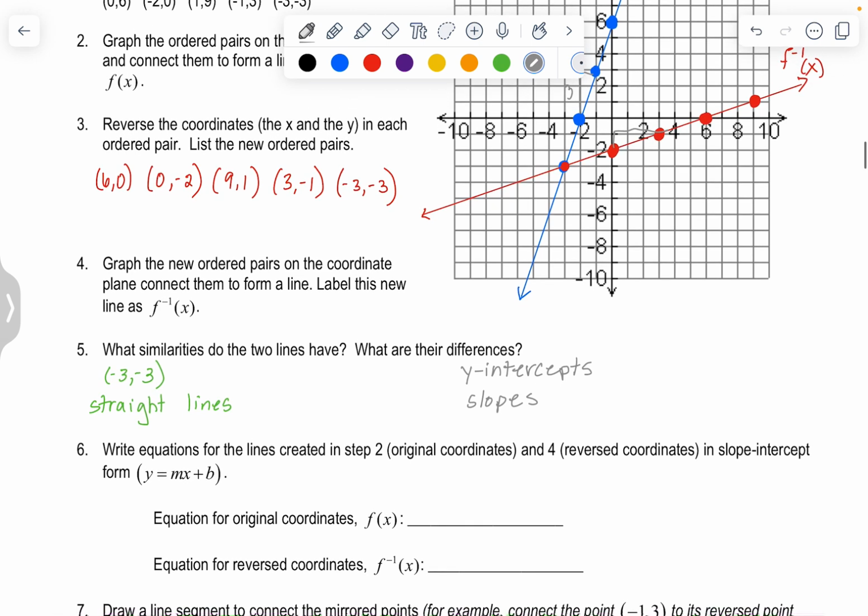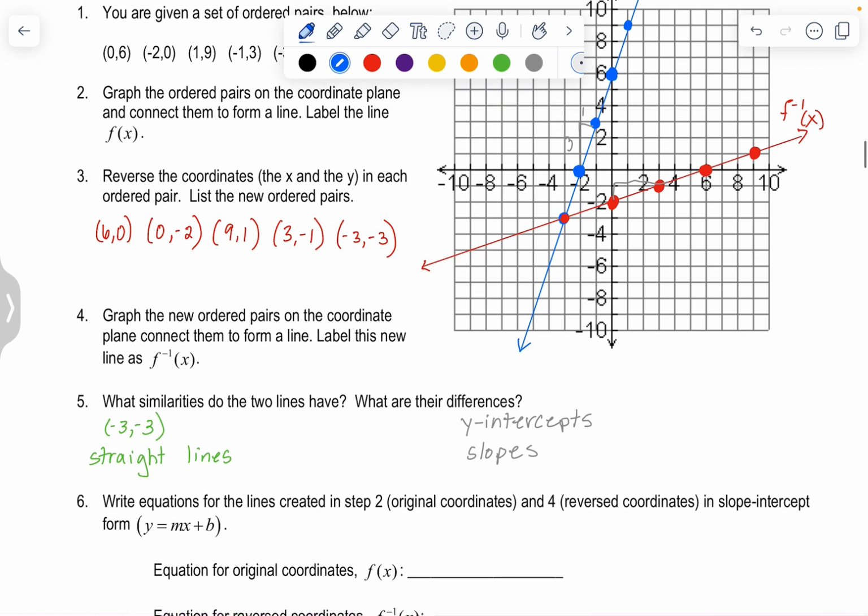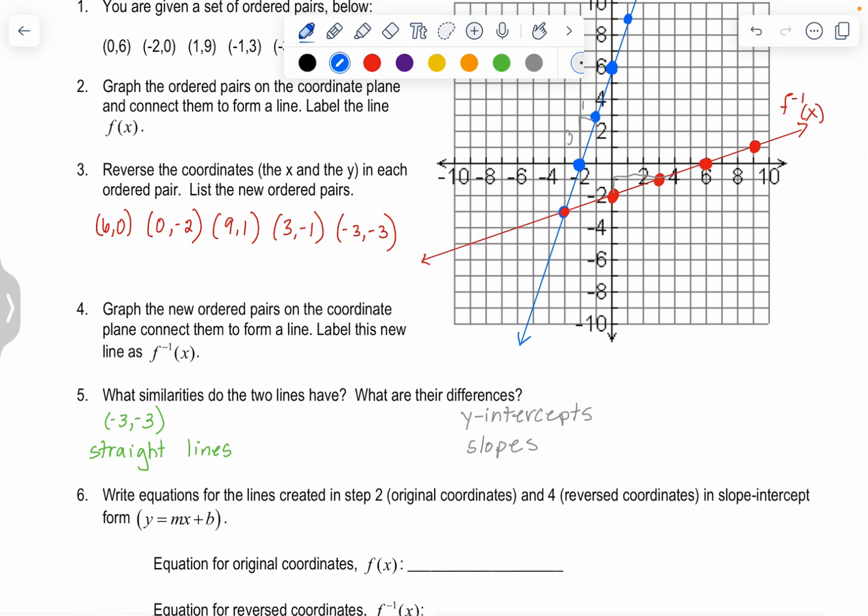So now it wants us to write the equations of the line. For the blue equation, I'm just doing y equals mx plus b. I'm going to find the slope, and then b is the y-intercept, where it crosses the y-axis. The slope of the blue equation, we just said it goes up 3 and right 1. So I can write 3 over 1 or just 3x.